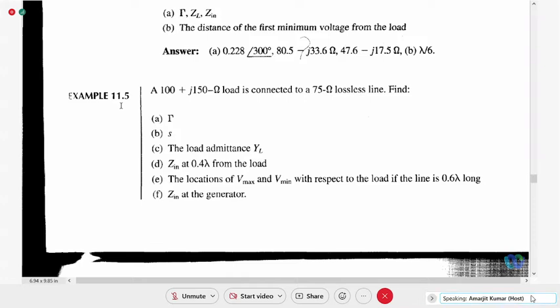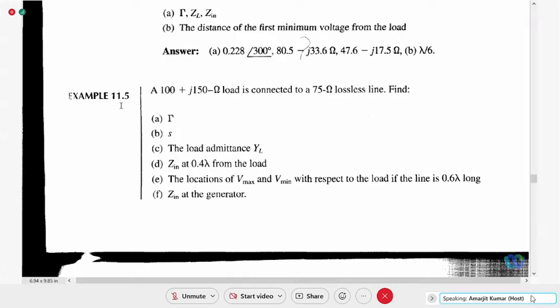Now the question is load admittance. This is interesting. How to calculate 1 upon ZL? Property of lambda by 4 matching network, you know or not?